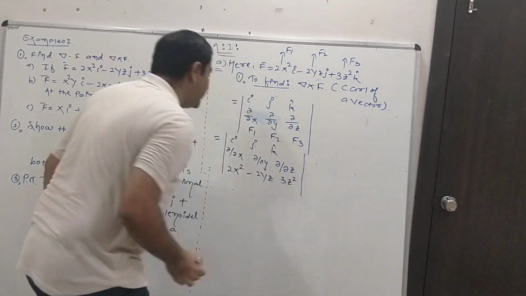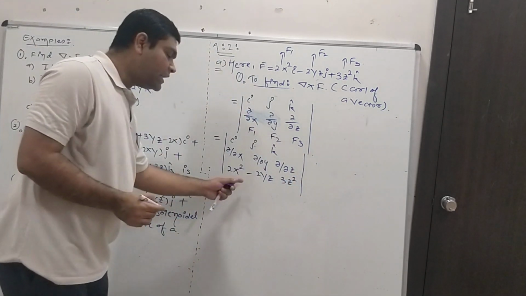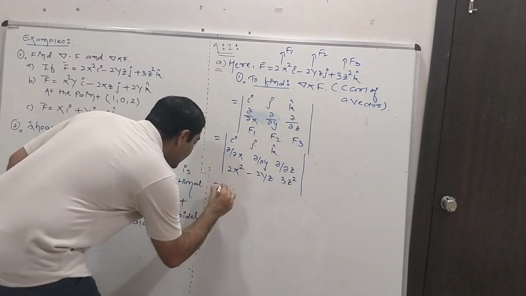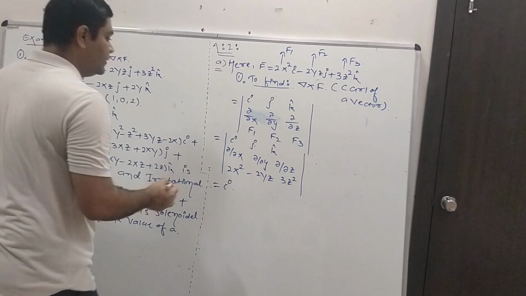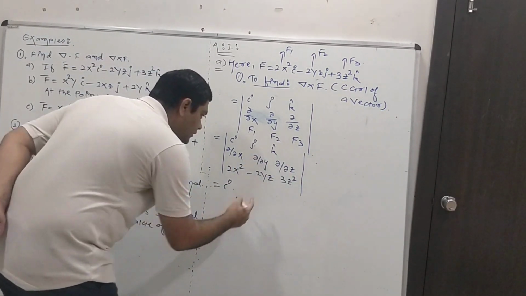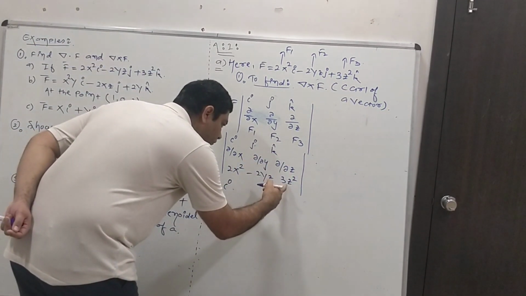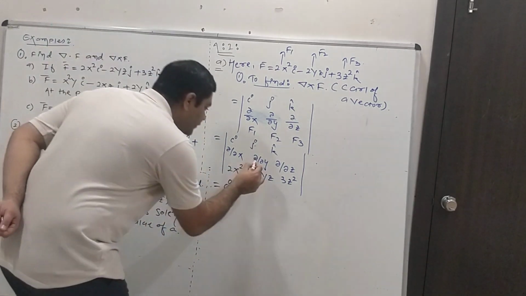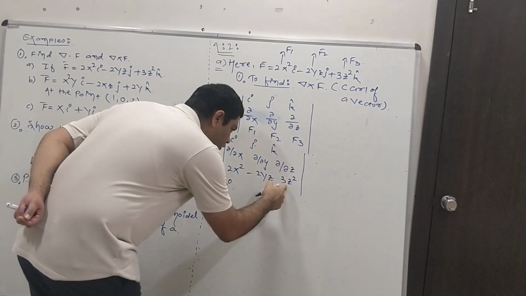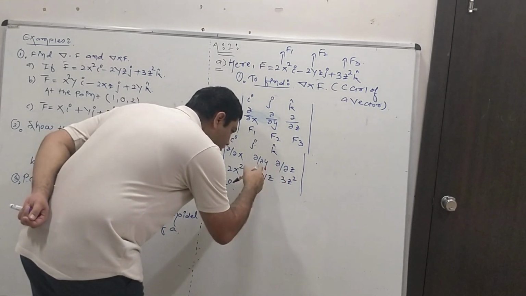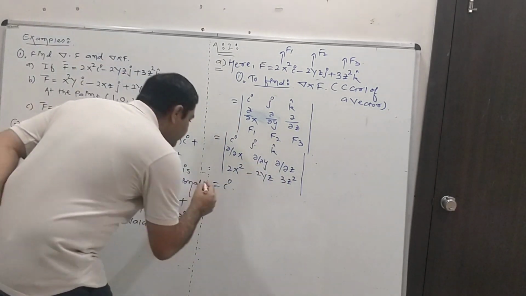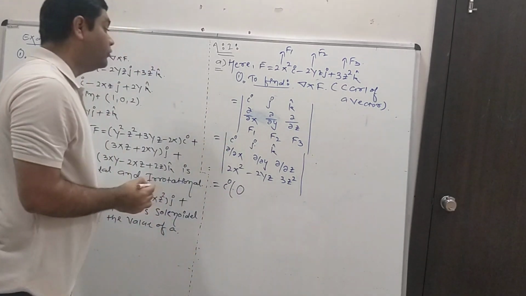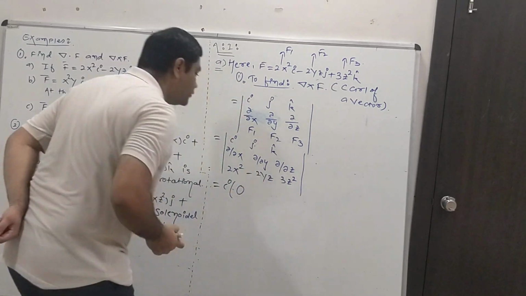So this is our determinant. Now you know how to simplify the determinant, students. So we'll write i as it is. Now we'll take the cross multiplication, but we'll find the partial derivative with respect to y. I am doing the cross multiplication directly. You have to take the partial derivative of this function with respect to y. If you take it with respect to y, it gives you 0 because there is no y at all, students.